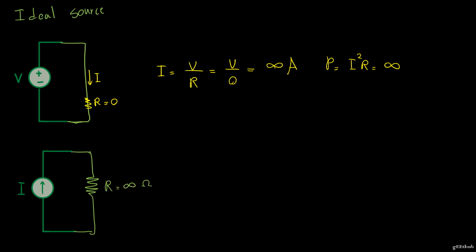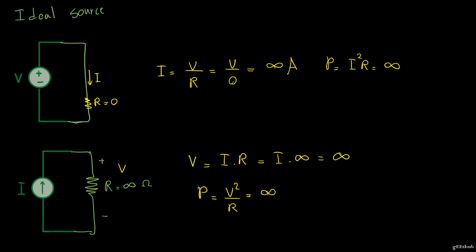So now the voltage across this resistor is going to be I times R, which is going to be I times infinite, which is now infinite volts, infinite potential, and therefore our power, which is V squared over R, will also be infinite.